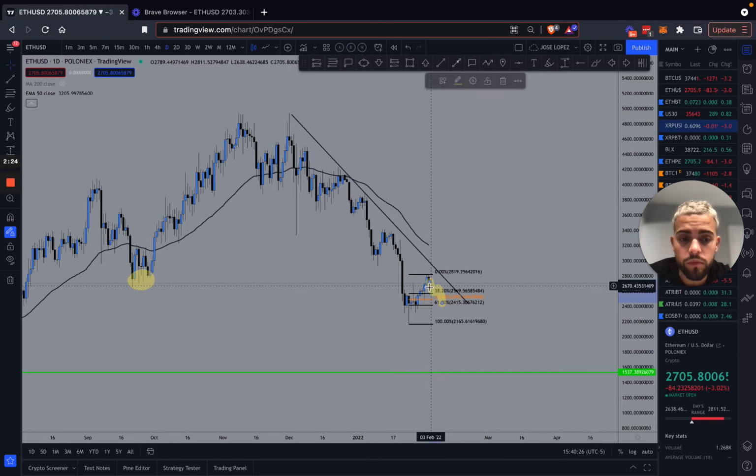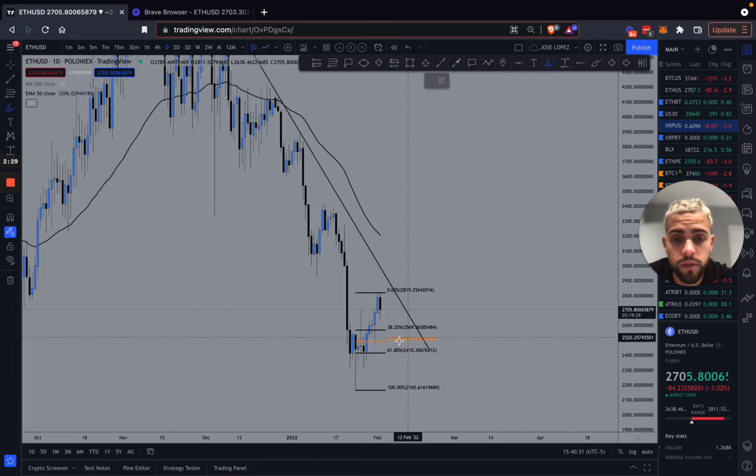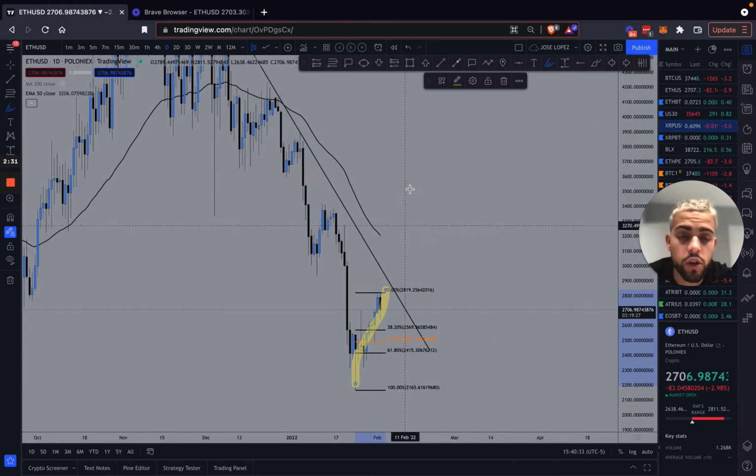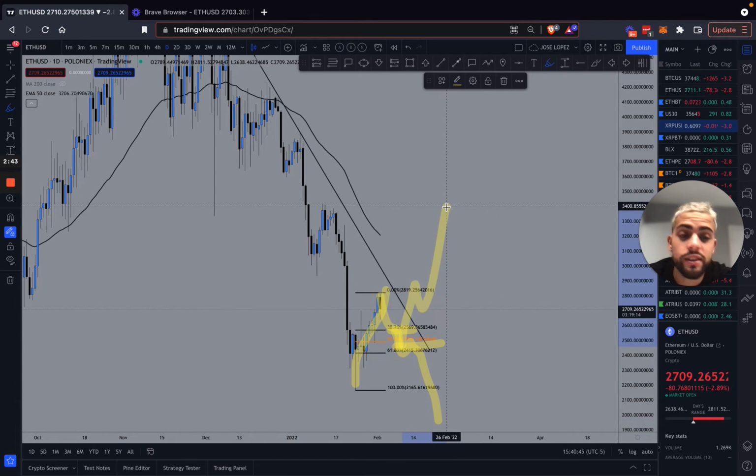Now, based on structure, after this leg up, if we are going to move higher, we need to have a correction. Now, how do we know if from here, or whatever price decides to reverse, we're going to keep dropping lower or we're going to reverse and move higher?